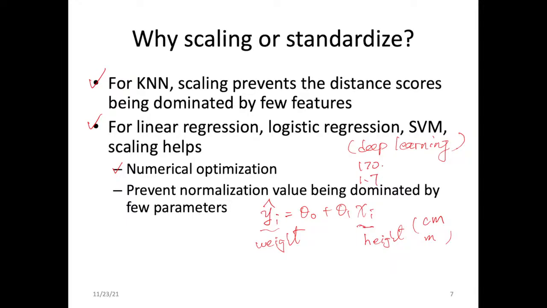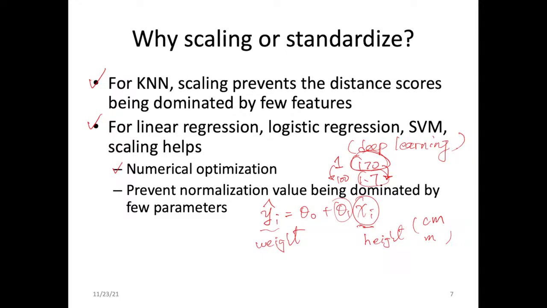If for 170 centimeters your theta 1 happens to be, let's say, 1, then when you change 170 to 1.7, you just need to change theta 1 from 1 to 100, then the result is equivalent. So it seems that we don't need to scale the features because you just scale theta 1 in the inverse direction and you will get the same result.